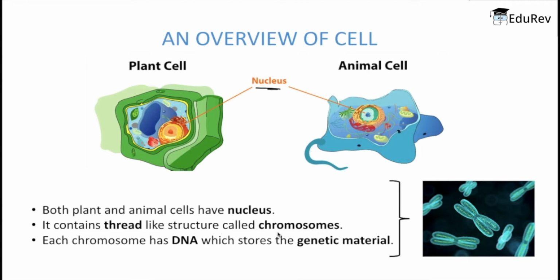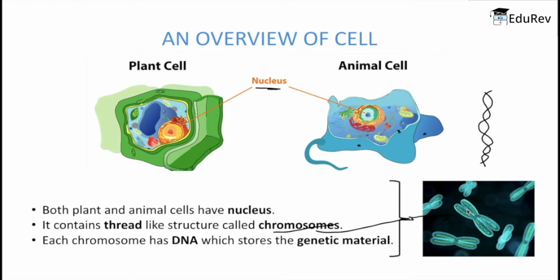This thread-like structure shown here on the right side is present inside the nucleus of plant and animal cells. Each of the chromosomes that you see in this image has DNA, which is a double-stranded helical structure that looks like this. This DNA is present in each of the chromosomes that you see in this picture.